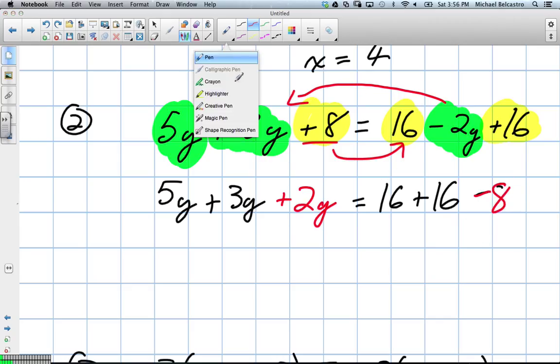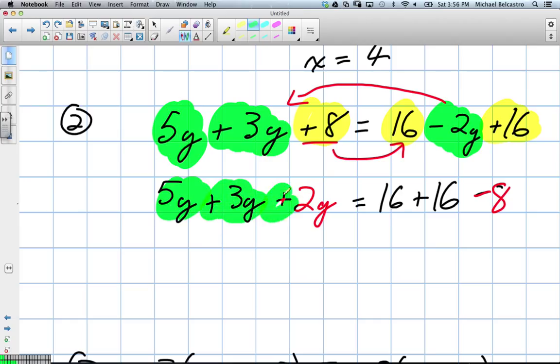Then we collect all our like terms. For instance, all of our green ones. What will they equate to? 10y. That's right. And what will our yellow ones equate to on the other side? A little tougher. 24. That's right. Very good. So 10y is equal to 32 minus 24.